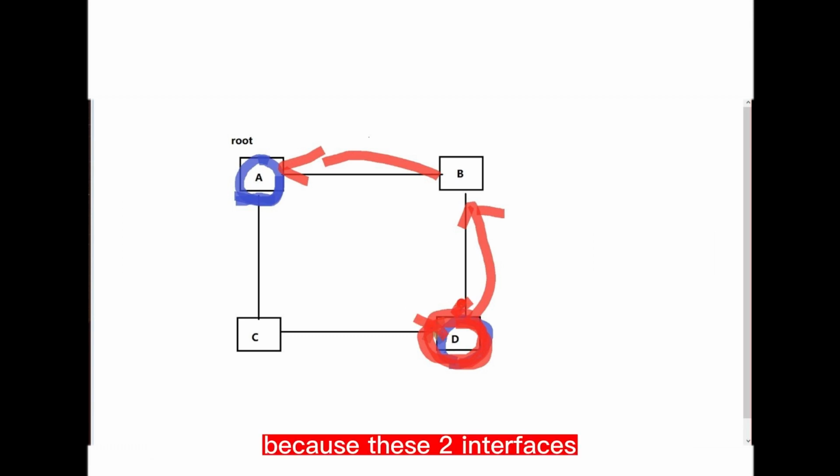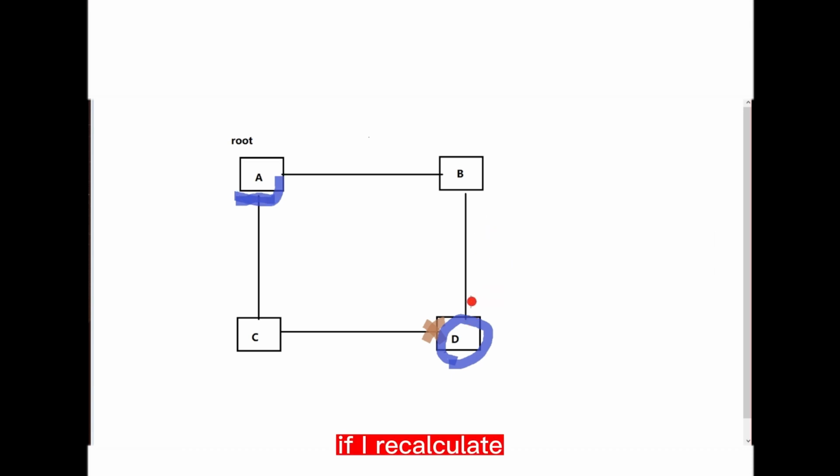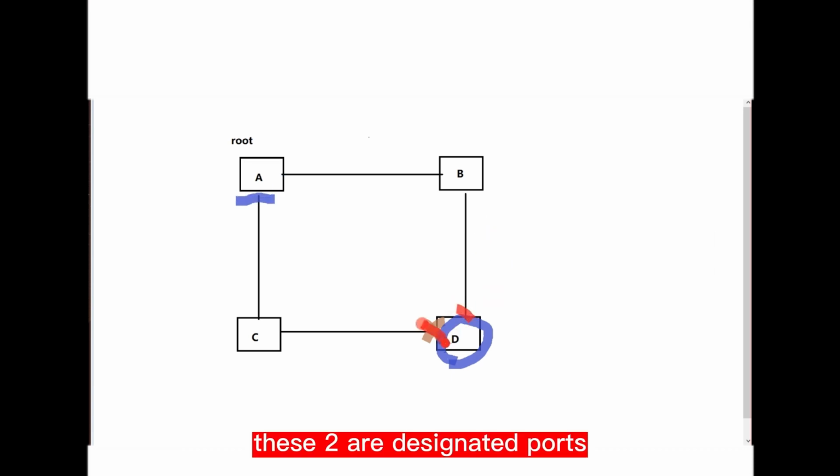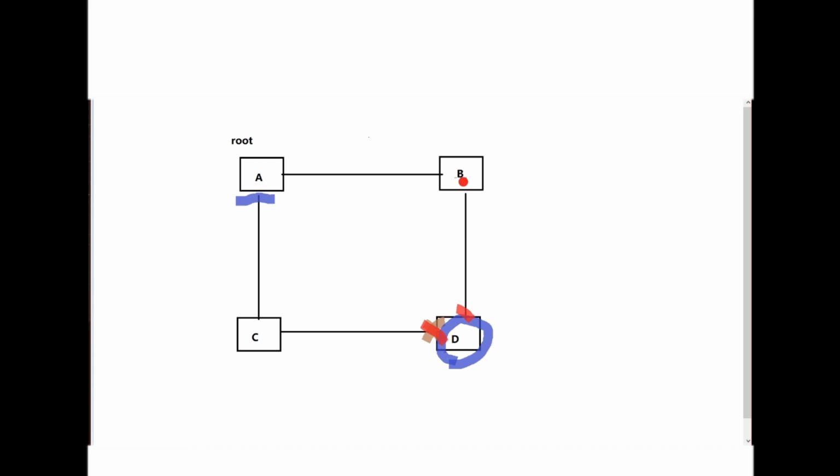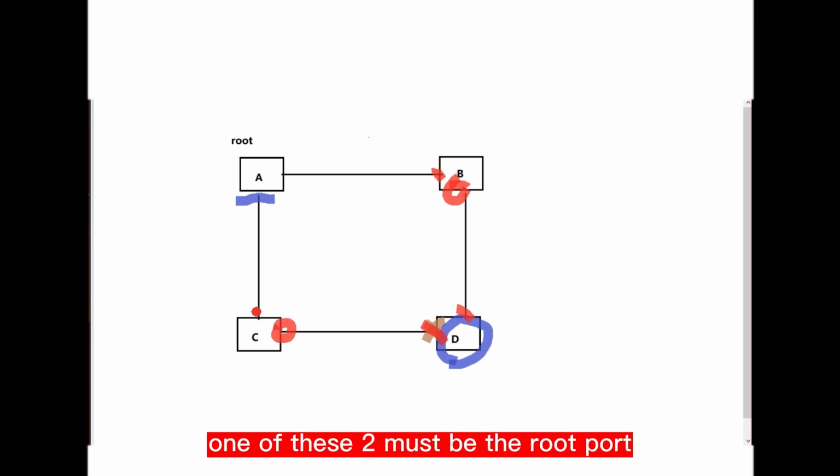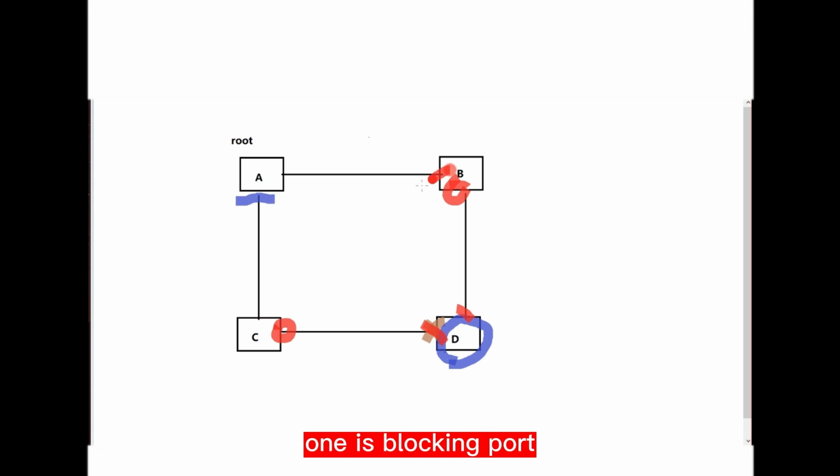Because these two interfaces are now in the forwarding state, other interfaces need to be recalculated. Then one can imagine, if I recalculate, these two are designated ports. These two must be root ports. One of these two must be the root port, and one is a blocking port.